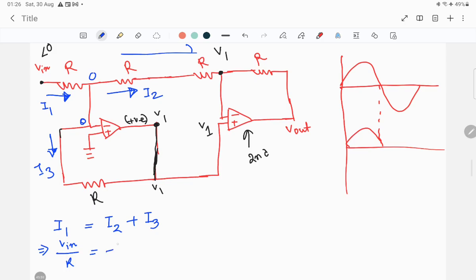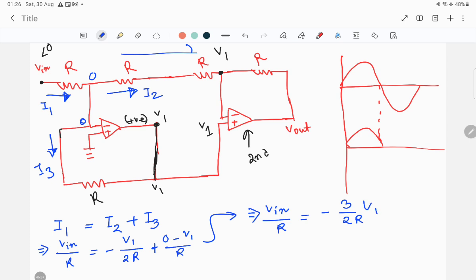So it will be minus V1 divided by twice R, and I3 value will be simply 0 minus V1 divided by R. So if we do the calculation, V in by R is equal to minus 3 by 2 R V1. So V in is equal to minus 3 by 2 V1.